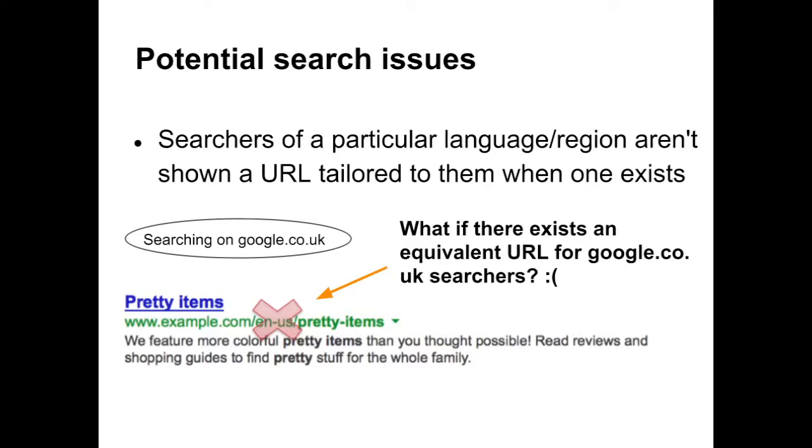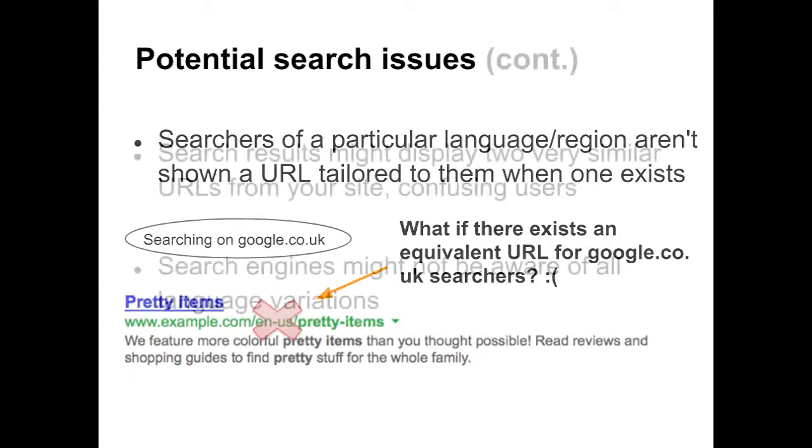The searcher might see search results highlighting pretty items, including a .com URL. This seems like a fine result. However, it becomes a less relevant result if there exists an equivalent .co.uk URL that's tailored for the UK user. Therefore, the first potential issue is when search results omit a URL customized for the user's language when one existed.